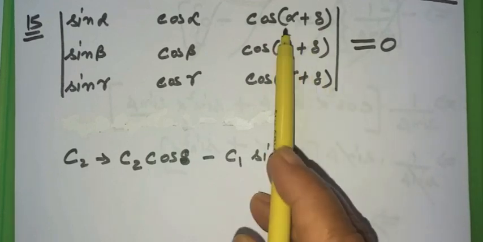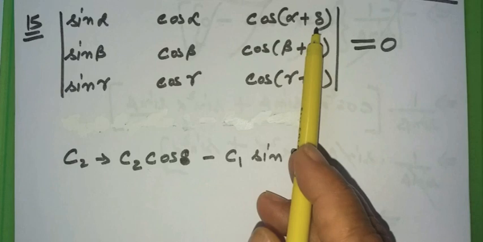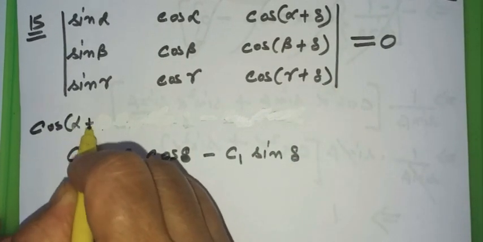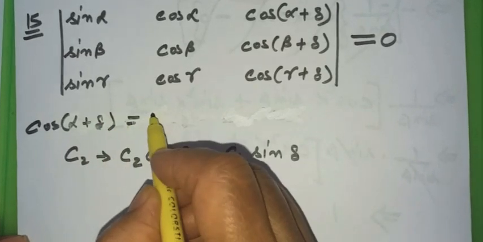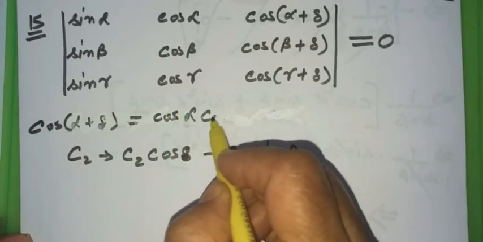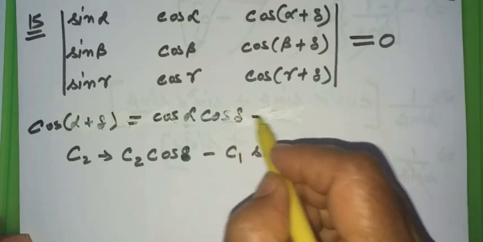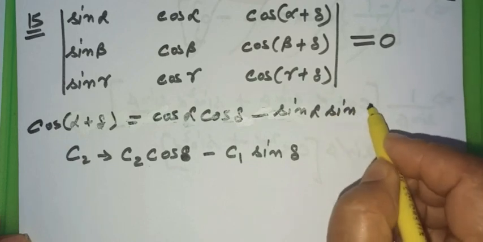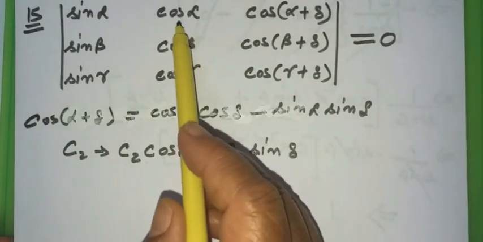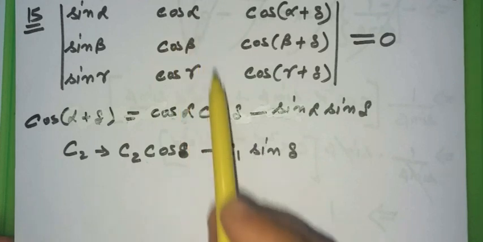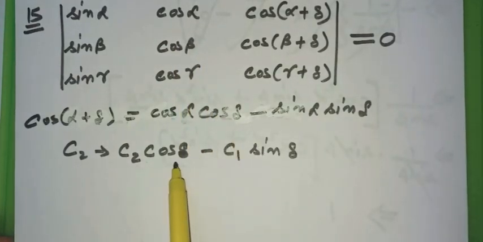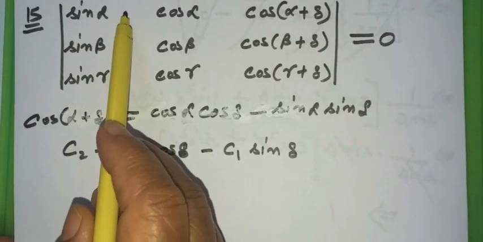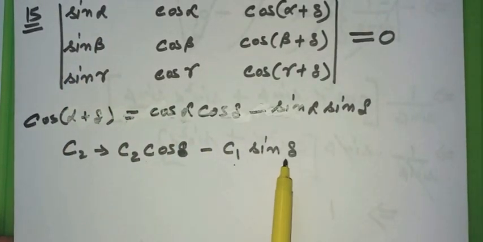So it is very clear that cos alpha plus delta has an expansion. Let me write its expansion here. Cos alpha plus delta will be equal to cos alpha cos delta minus sin alpha sin delta. So if I multiply the second column by cos delta, C2 into cos delta, and from that I subtract sin alpha sin delta, meaning first column times sin delta.